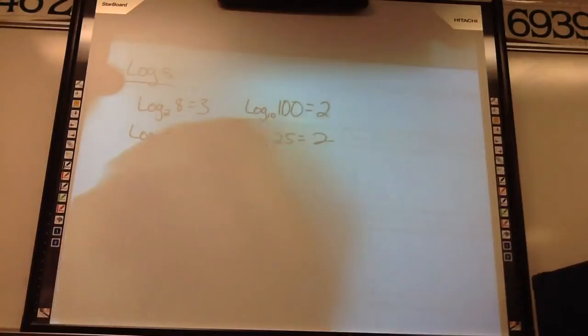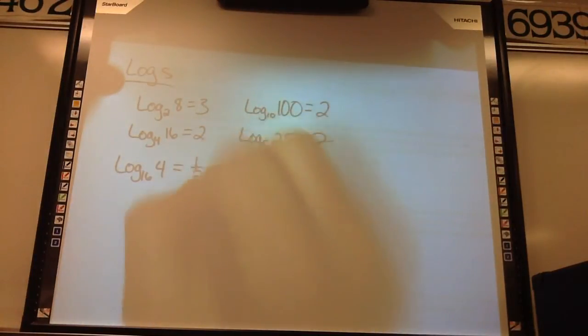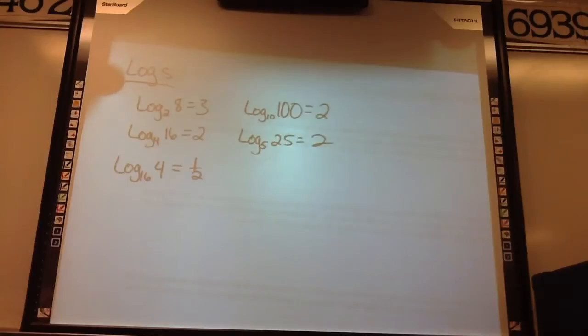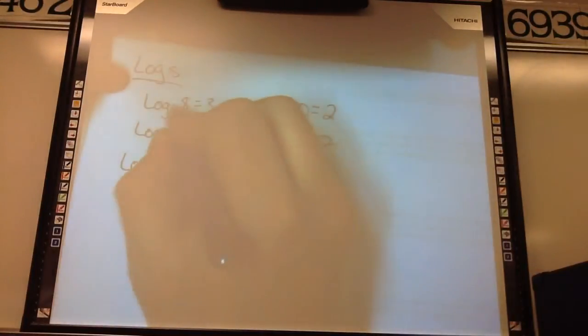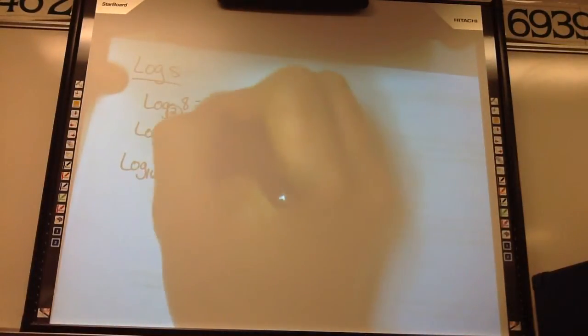It's because it's the root. How about log base 16 of 4? Ooh. 1/2. So people are slowly catching on. If you haven't yet, it's time to just tell you. It's always this number to this power will equal this number.